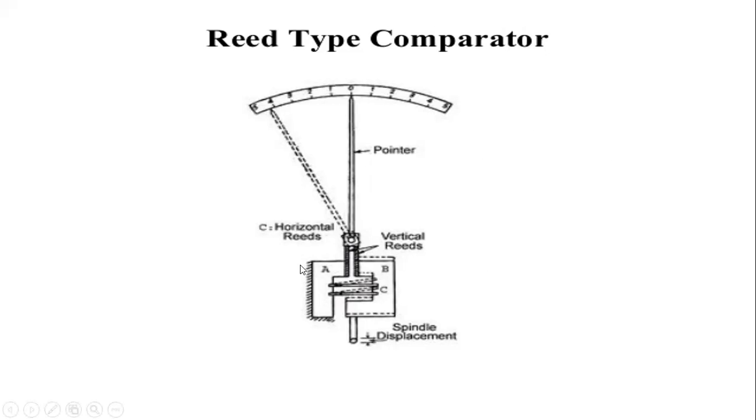You can see it in the picture. This is the vertical reed and these are the horizontal reeds.